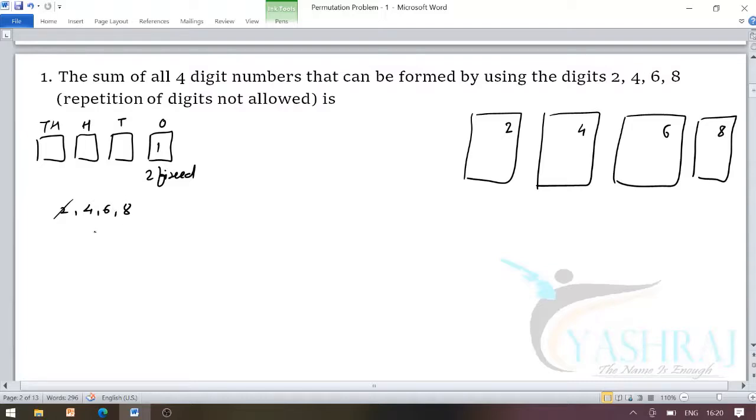Among the remaining 3 digits, any one digit can be filled over the thousands place, or you may start with the tens place. It doesn't matter. So there are 3 ways to fill up the tens place. Among the remaining 2 digits now, any one digit can be filled up over the hundreds place. So there are 2 ways to fill up the hundreds place. And the remaining 1 digit is now filled up over the tens place.